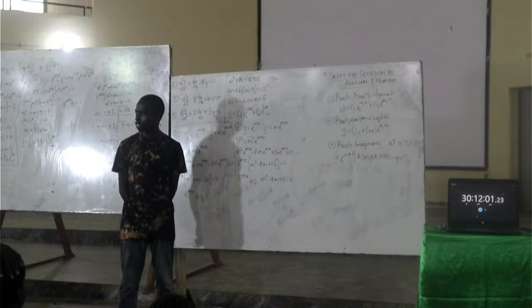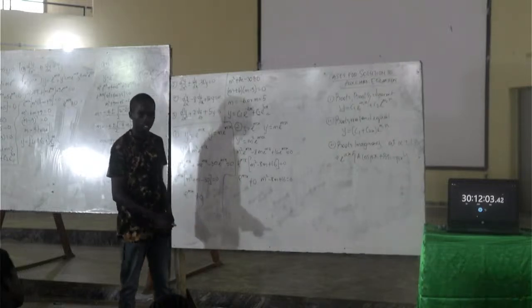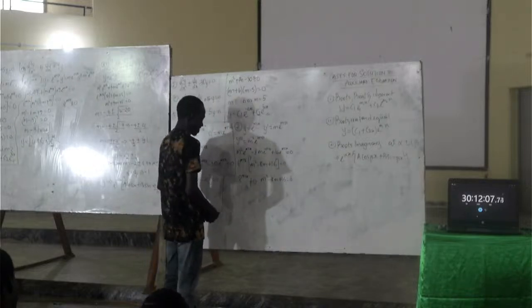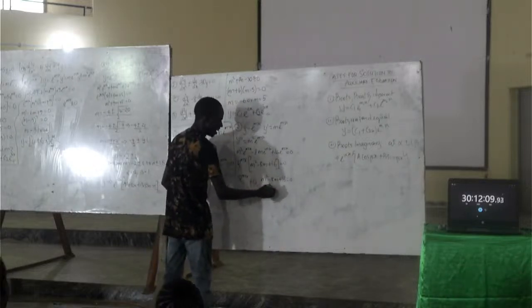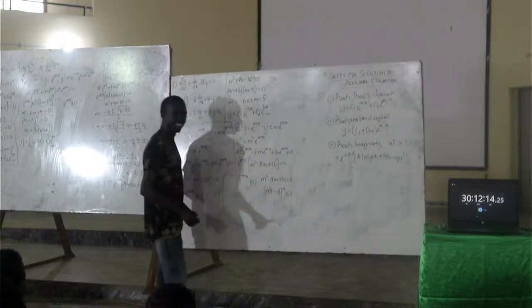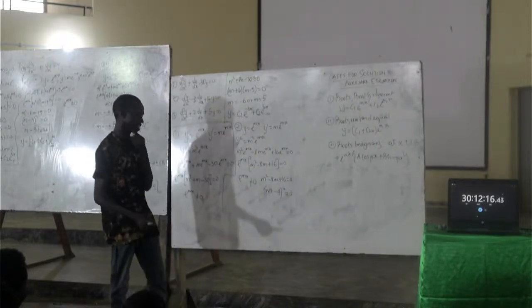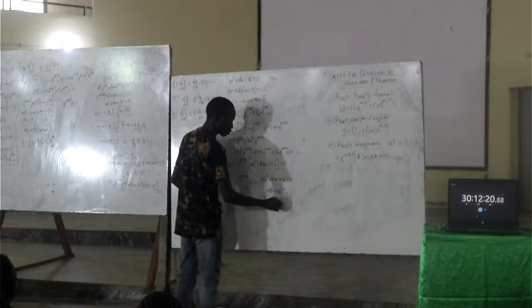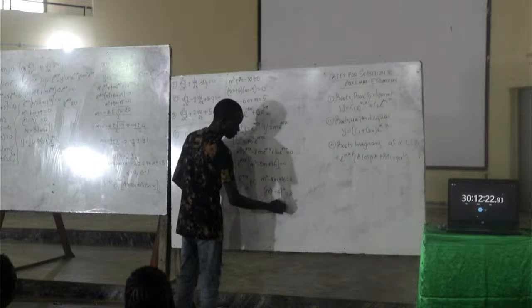It is (m - 4) squared. Then from here, what can I have? I can have m equals 4 twice, right?